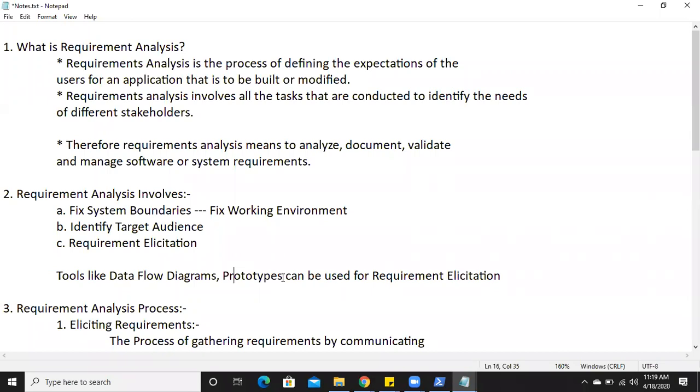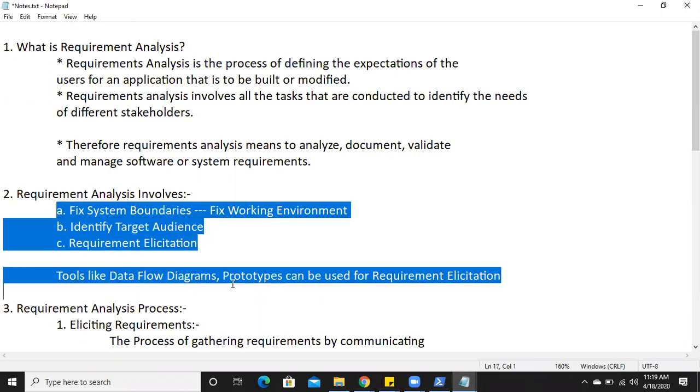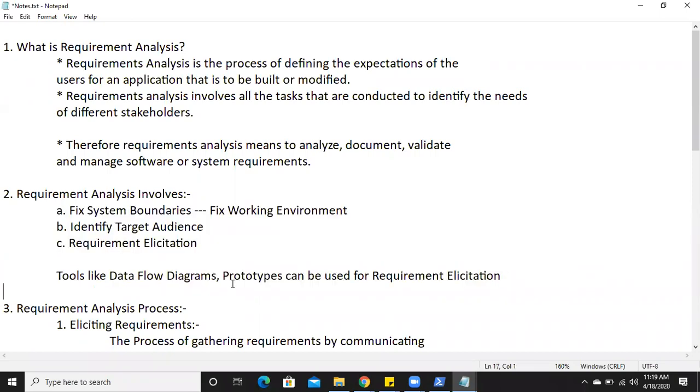So these are the tools which are basically used to elicit the requirements, because we have to document our requirements in a particular manner, right? Which can be understandable by other users of my system as well, right? So these are the phases of my requirement analysis system.